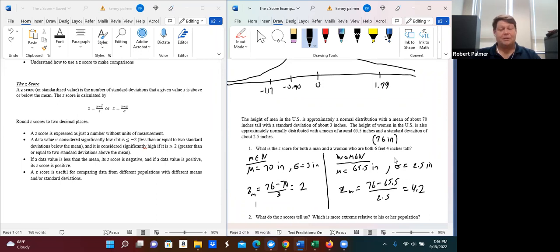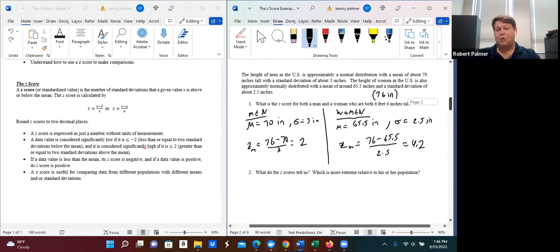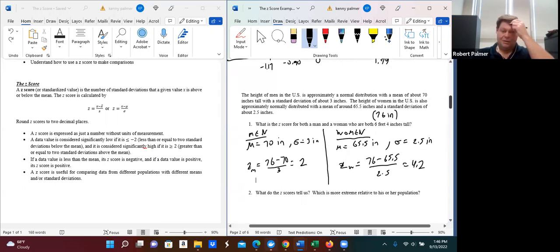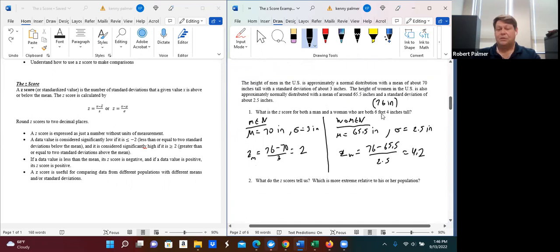So as we expect, what this comparison shows is that, based on the mean and standard deviation of each population, we expect to find a lot fewer women who are 6 feet 4 inches tall and taller than we do men.